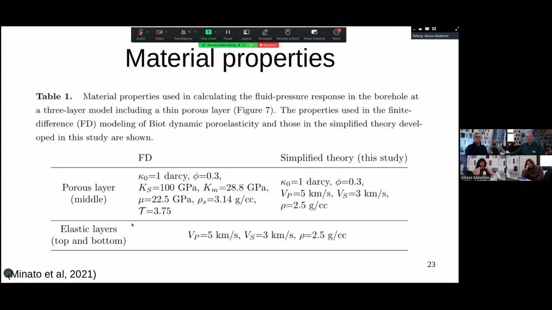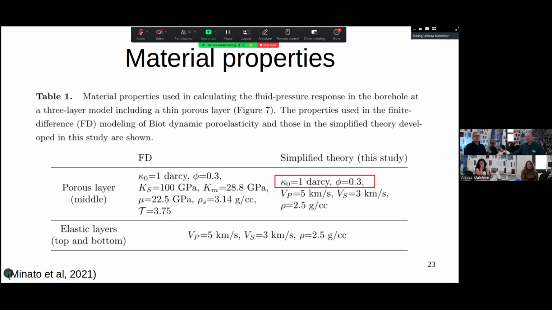They set up a model here with reasonable estimates of the permeabilities and the elastic constants. And they had a finite difference solution, and they had a more simple theory that they wanted to use to give a more direct estimate of what amplitudes to expect.